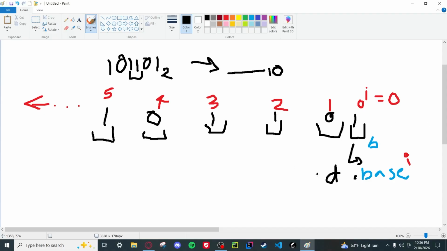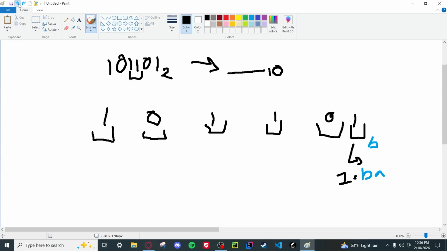And then you add it with everything else. So we do D times base to the i, plus this, and then you keep going. That didn't make too much sense, but I think you'll start to see what I mean as we get into this example problem.